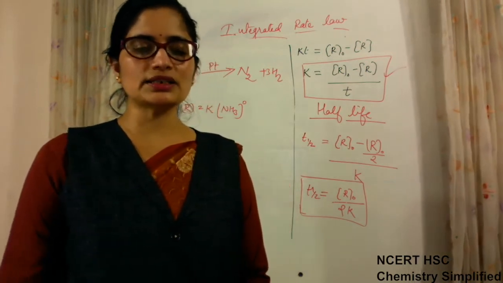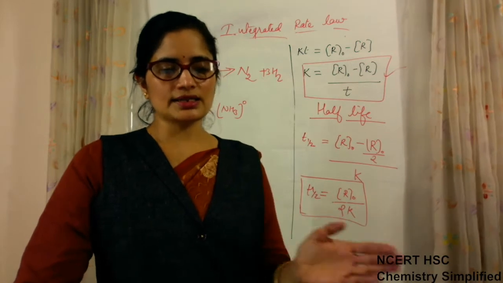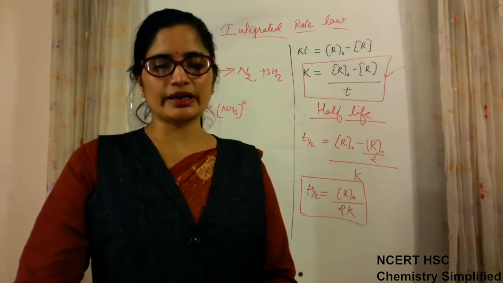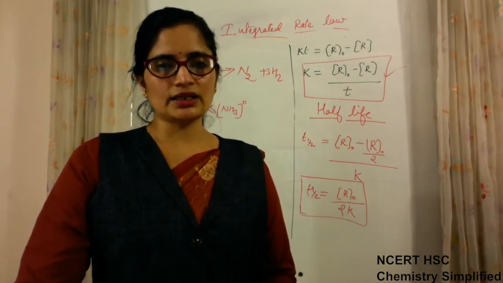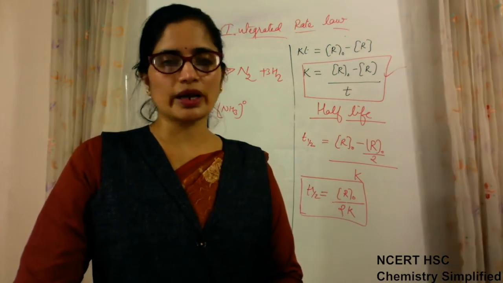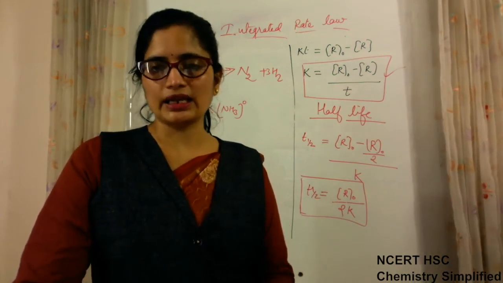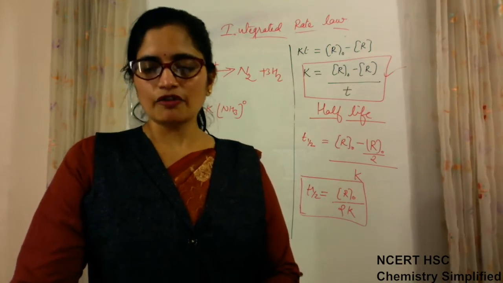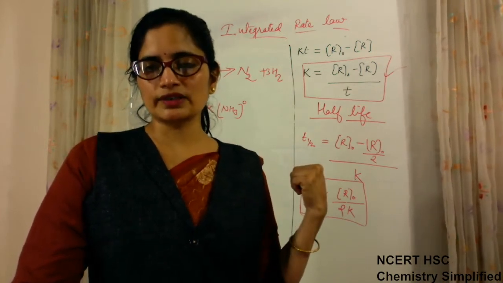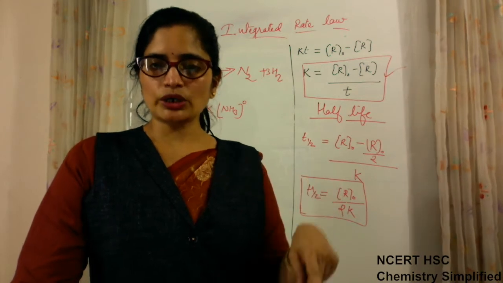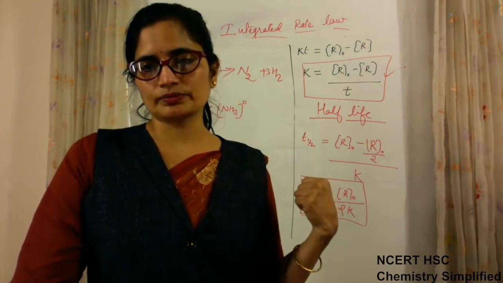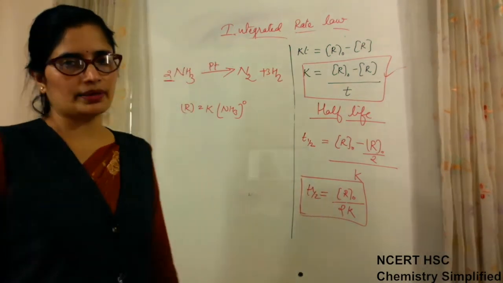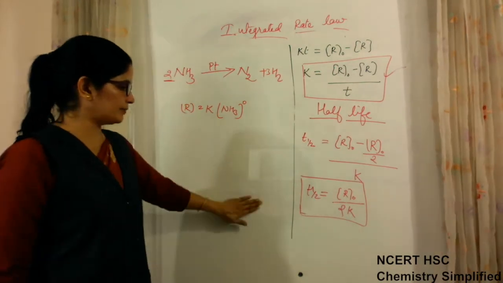So for some reactions we have to remember that these are the common reactions which frequently come again and again. Their order is 0. So you cannot find out order of reaction by any method, you have to remember for certain reactions. For example, decomposition of ammonia, its molecularity is 2, order is 0. So this we have to remember because it will be given to you.